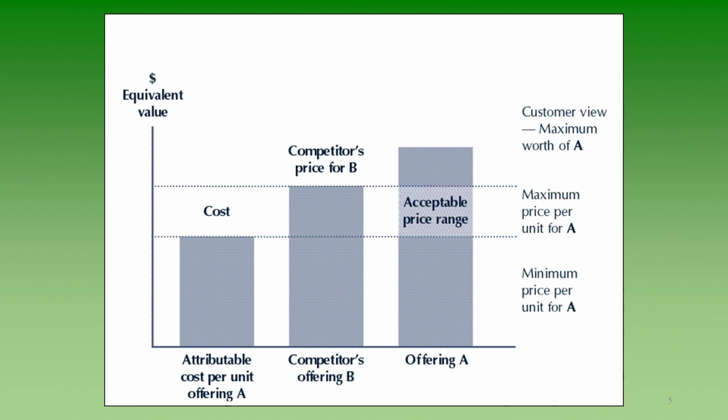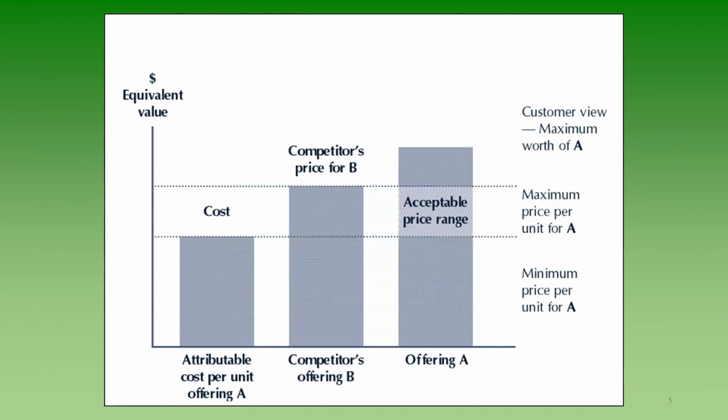For offering A, in the customer's mind, the worth of the item is the top of the rightmost column, but the lower range that one has to look at is the cost line, which is the lowest line, and in between is the competitor's price line, the B column price.